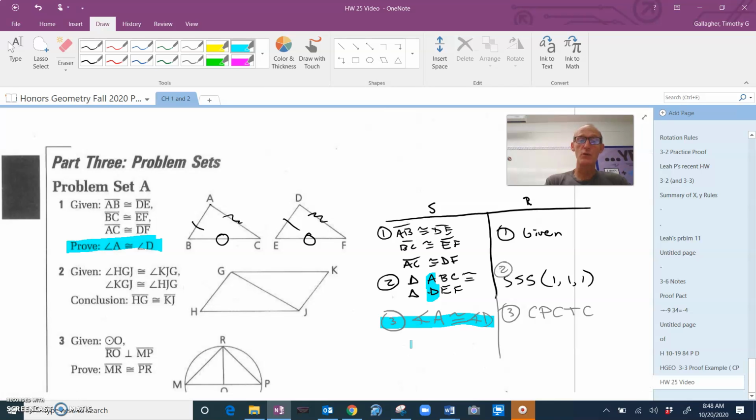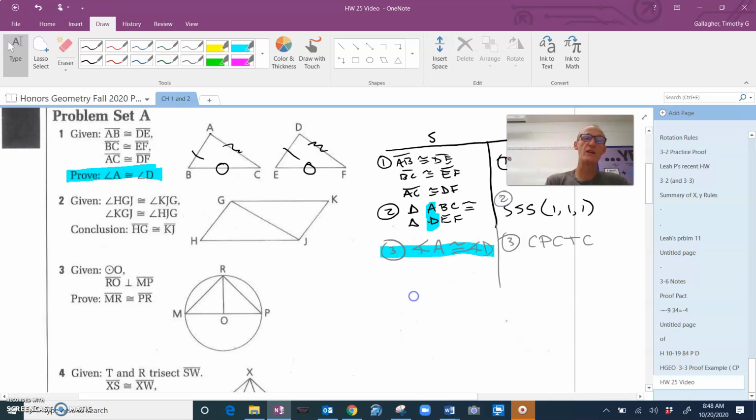Now, problem number 2, you have to be careful. Problem number 2 says angle HGJ congruent to angle KJG.